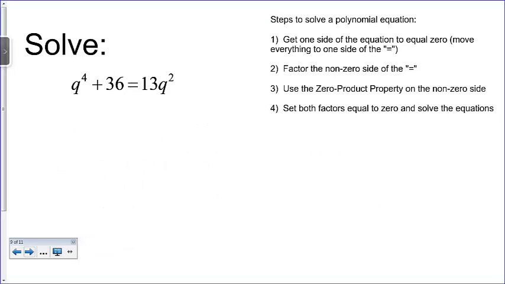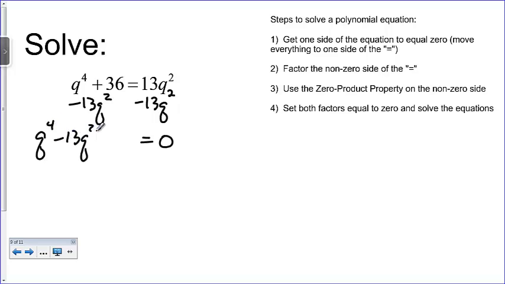So look at this one. This is a quartic. Remember, we've talked about the word quartic means degree 4. So let's move everything over to the left. Subtract 13q squared. It gives me 0 on the right, q to the 4th minus 13q squared plus 36 on the left.